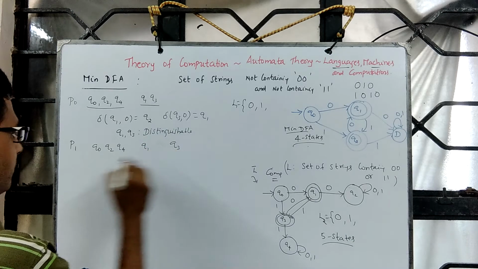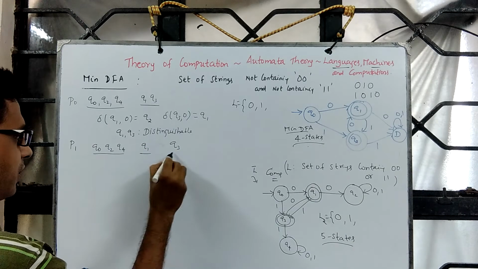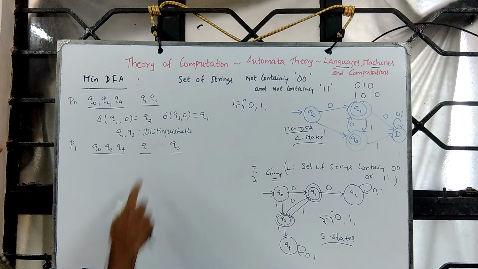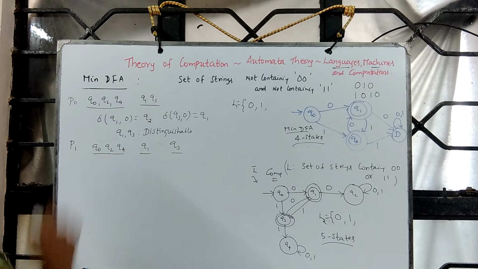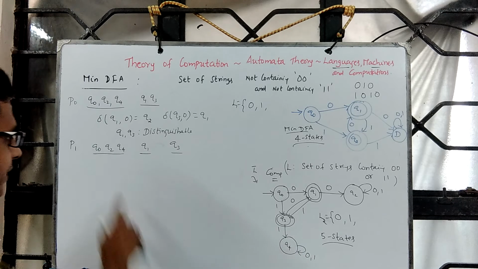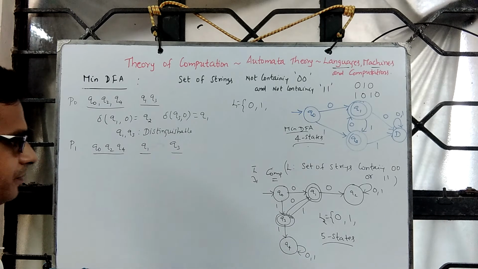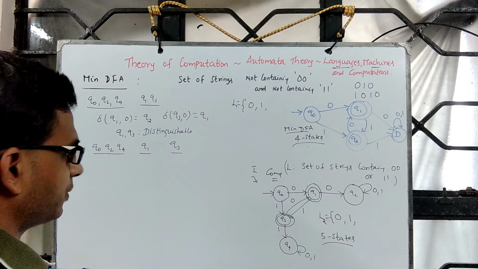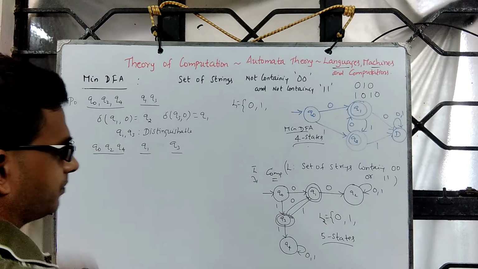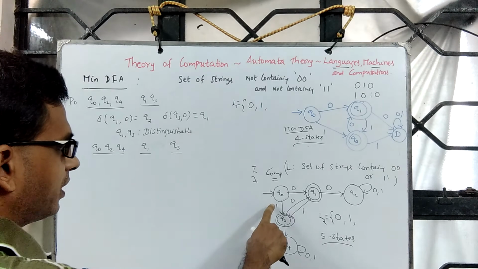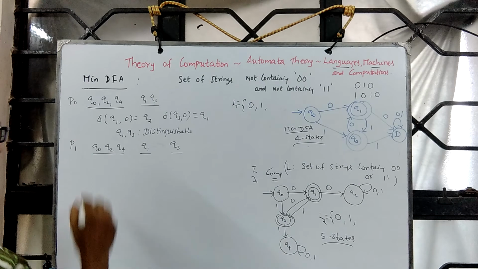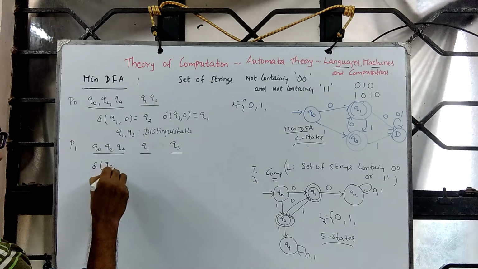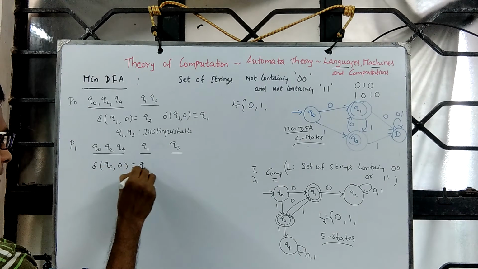and Q3. So this is one block, this is another block, this is third block. And these two cannot be split any further. Let's focus on this. Now let's look at this. Identify a pair which is distinguishable. Okay. So let's look at say Q0. Delta of Q0 comma 0 is Q1.